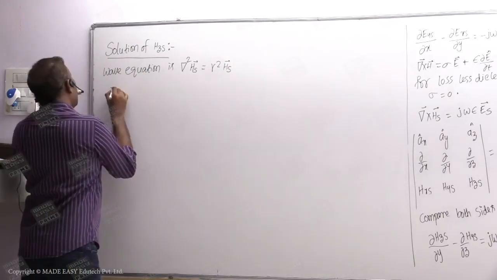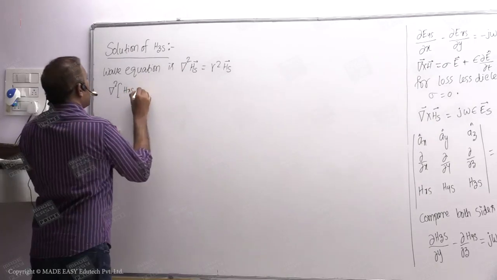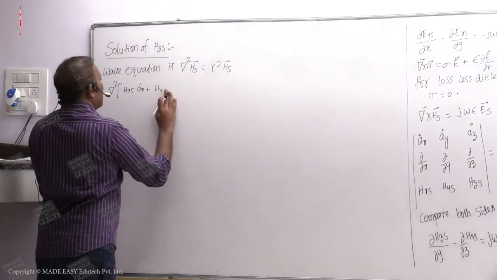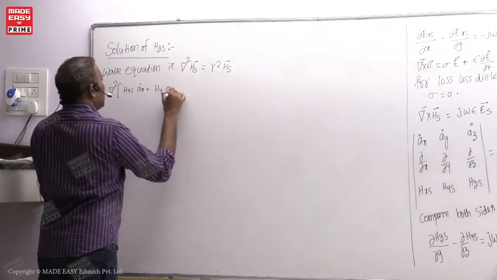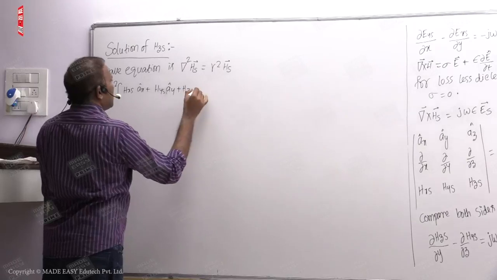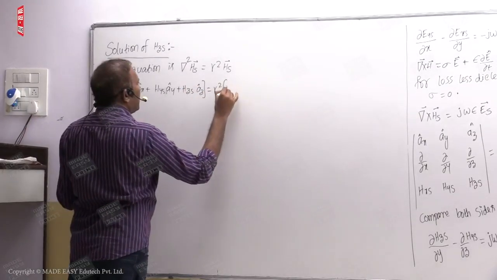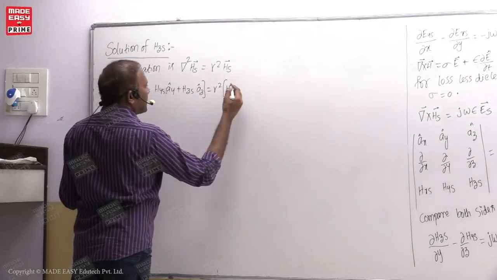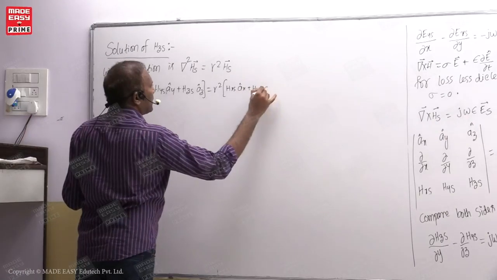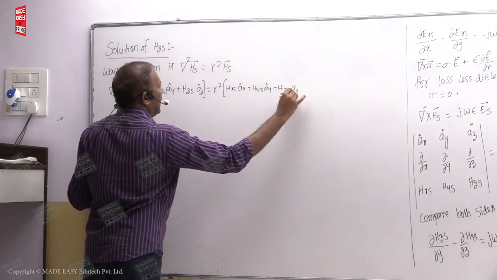Now here it is del square of Hxs Ax plus Hys Ay plus Hzs Az is equal to gamma square into Hxs Ax plus Hys Ay plus Hzs Az.